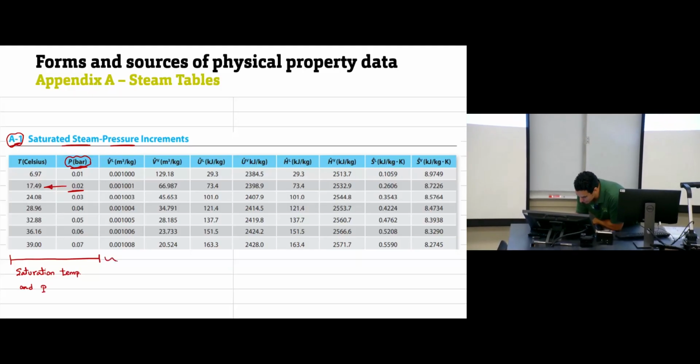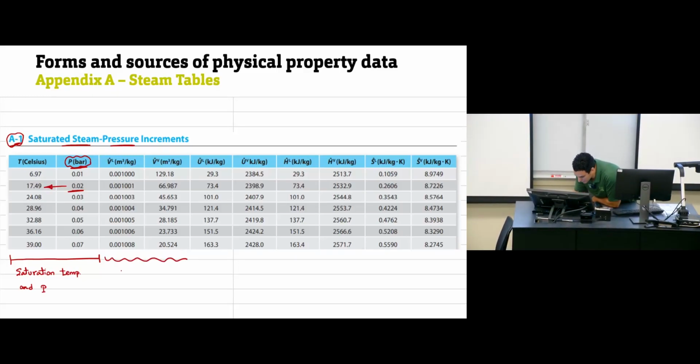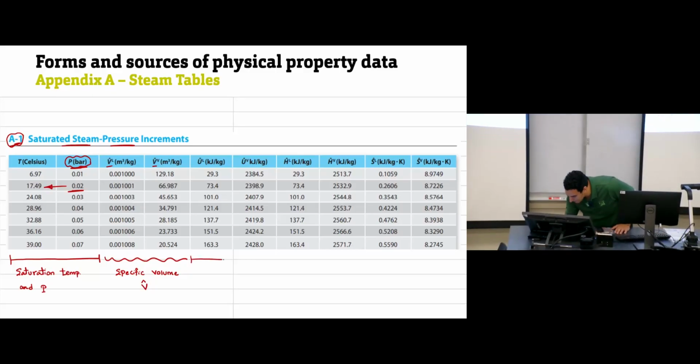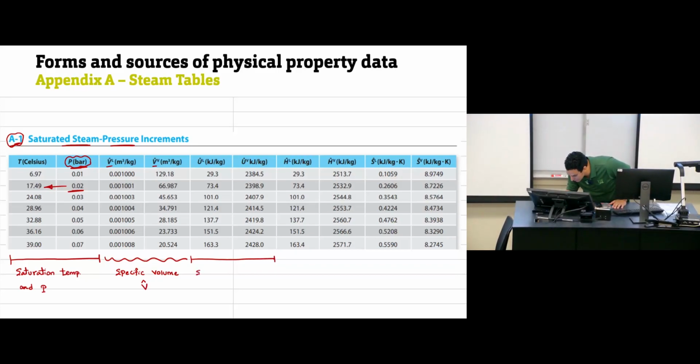These two columns represent the specific volume. How do I know? Because you see here V hat, this symbol, which represents the specific volume. These two columns represent specific internal energy, which is U hat.